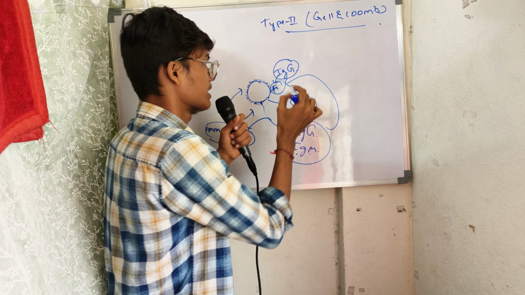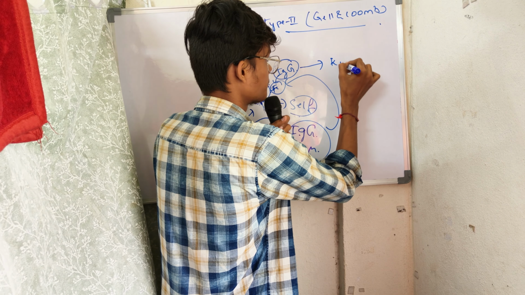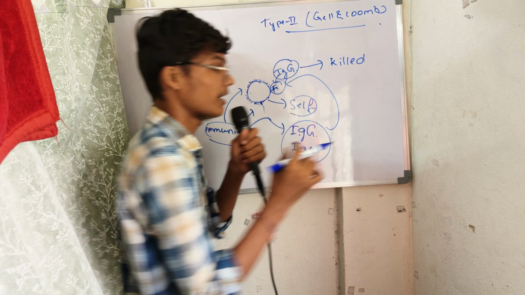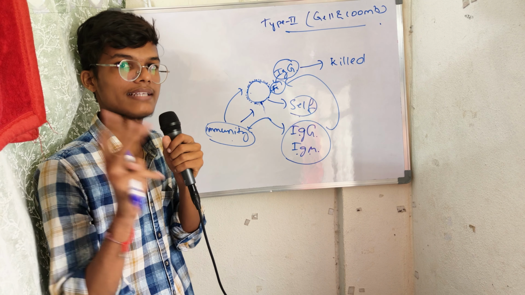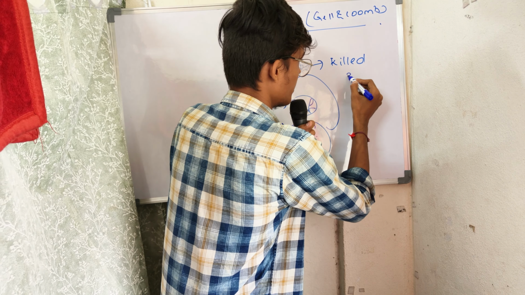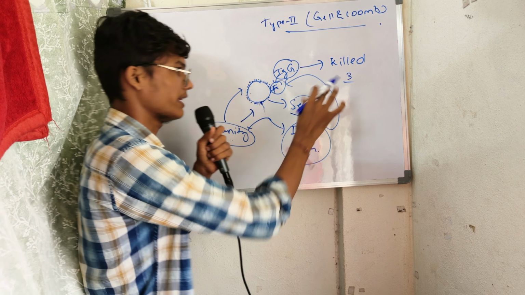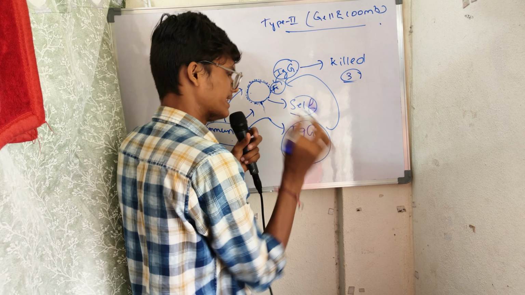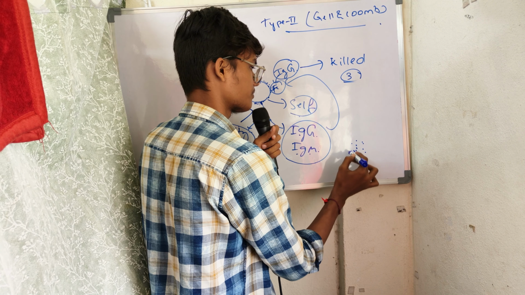What happens then? Then ultimately the RBC should be killed, right? The process by which this is killed has three types. Total three types. I will explain this. In the blood, normally there are some random proteins.